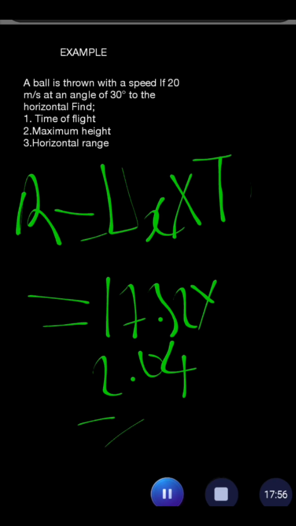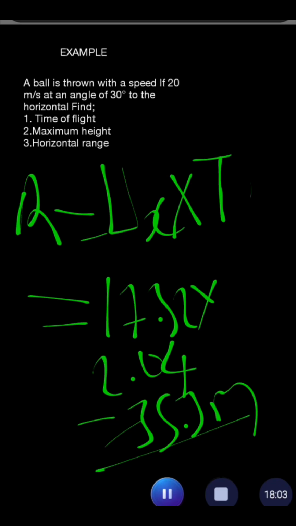So this is the formula when you're finding the horizontal range. We want to find the distance it's going to cover in the horizontal direction, so you use the initial component of speed times the time of flight. So it's going to move 35.3 meters. That's all about this question.